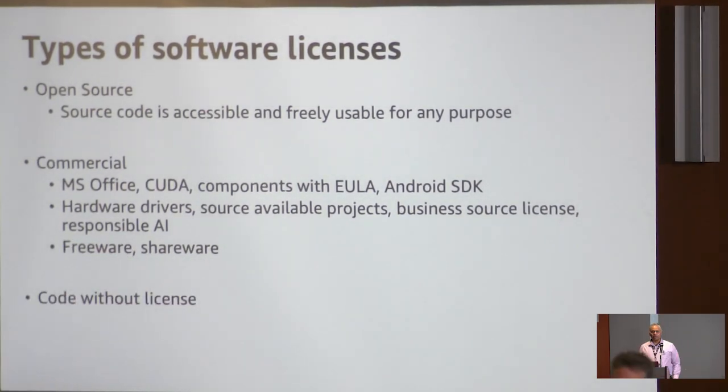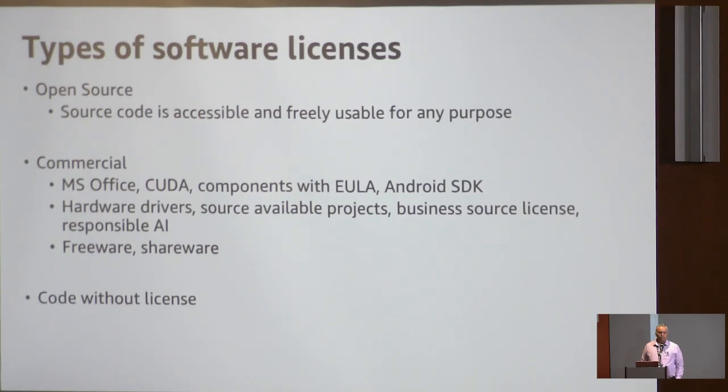So I think here in this conference, pretty much everyone, I assume, knows the open source part of it. Like you have your 4 freedoms and source code is accessible and you can use it for whatever purpose you want. But on the other side, as a user, many times you are also able to download lots of commercial software.